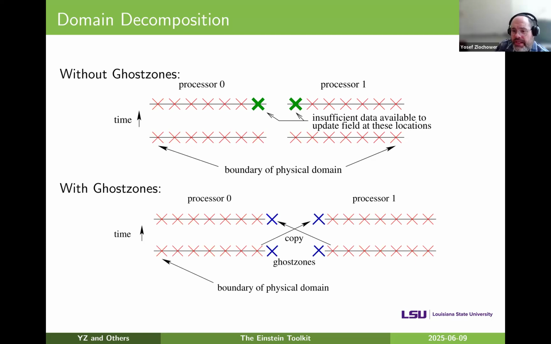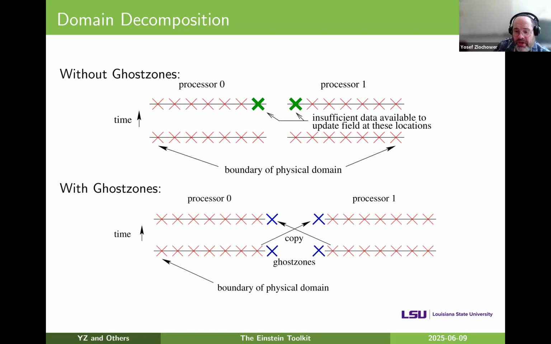So what we do is we use something called ghost zones. We basically add extra points to each processor. Depending on the width of your stencil, it could be anywhere from an extra point to an extra order 10 points. And these points are going to be updated by another processor.